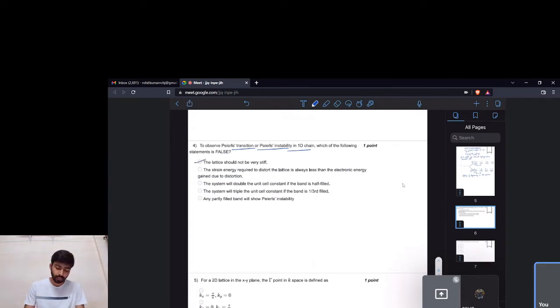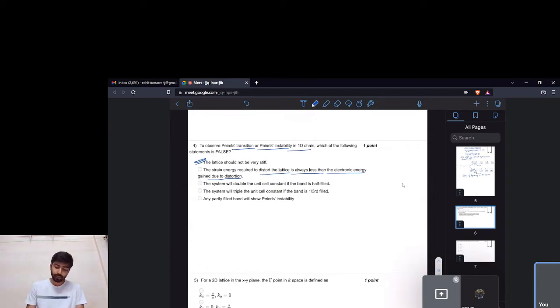So the first option is straightforward: the lattice should not be very stiff. This is a wrong statement. Other options we can also see. The strain energy required to distort the lattice is always lesser than the electronic energy gained during the distortion, because if the energy gained by the system is larger than the strain occurring in the system because of the distortion, only and only then will Peierls instability occur.